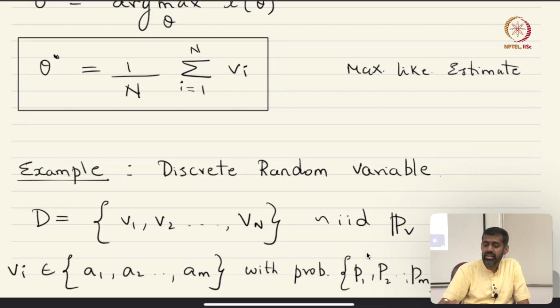Now what are the parameters that we estimate here? They are P1 and so on, this is our theta vector. There are m thetas that we want to estimate here. Yes, that is correct, it is m minus 1, because it is a good point, it will come out in a while.